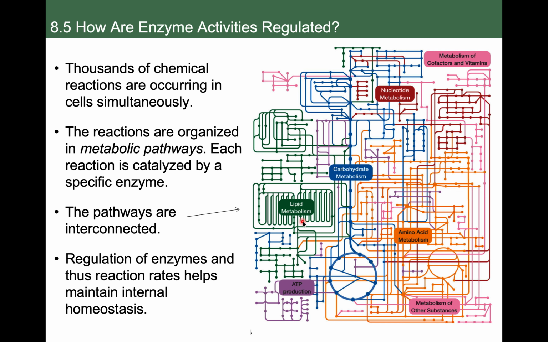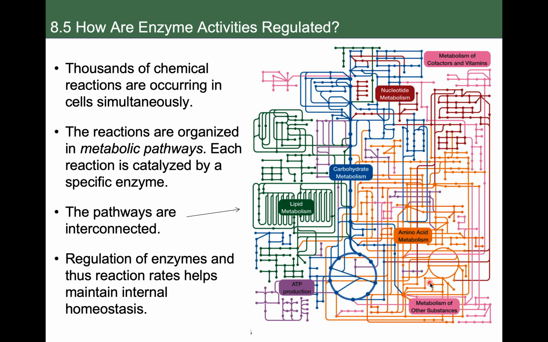And keep in mind, metabolism could be breaking things down or building things up. And there would be examples of each of these in each colored category here. And as you can see, if you were to overlay all these different types of metabolism and all these different enzymatic metabolic pathways on top of each other, it starts to look really messy.